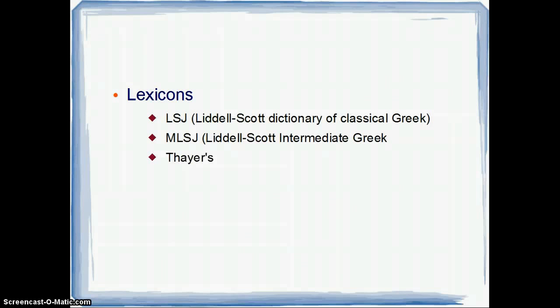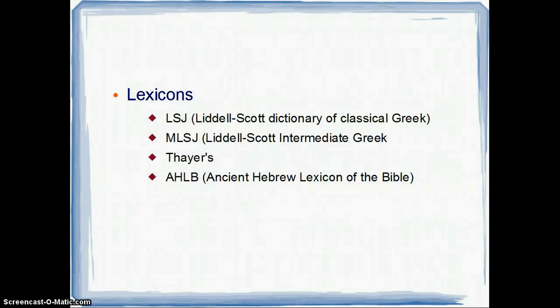Then also I would recommend Thayer's, which is New Testament Greek words. I would recommend the AHLB, the Ancient Hebrew Lexicon of the Bible. This takes the BDB, which is Brown Driver Briggs, to a little bit different level. It discusses more of the actual morphologies of the word.